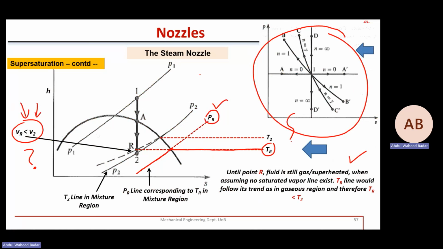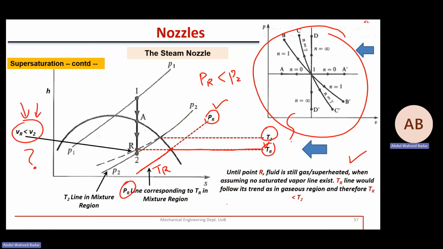So PR is less than P2. PR is a normal pressure we are imagining for that point R. Actually, point R is here, but I'm saying for this TR, which is lower than T2, if it is a normal flow, this would have been PR.